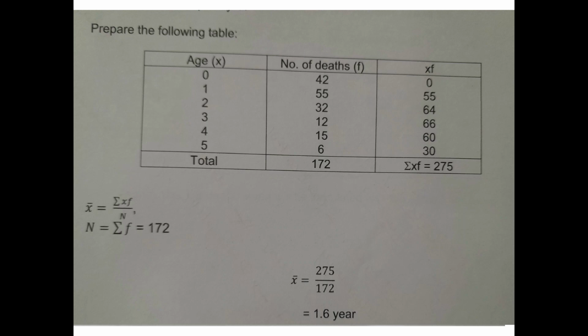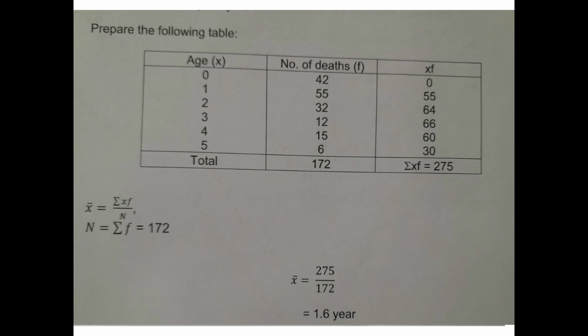So 0 into 42 is 0, 1 into 55 is 55, 2 into 32 is 64, 3 into 12 is 36, 4 into 15 is 60, 5 into 6 is 30. Number of deaths, or frequency: what is the total frequency? 172. In the previous problem the total frequency was 5. Here the total frequency is all the number of deaths added up, that is 172.